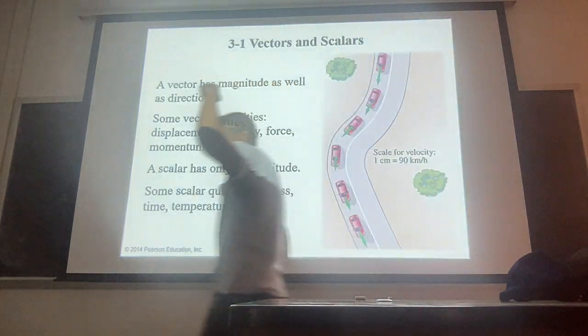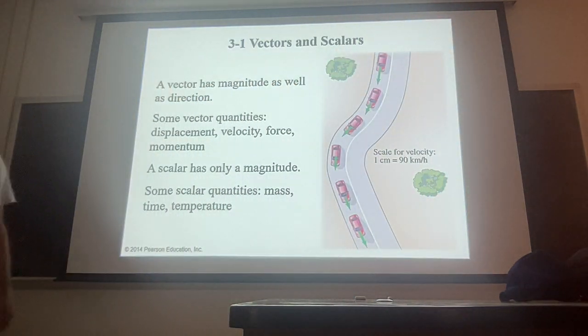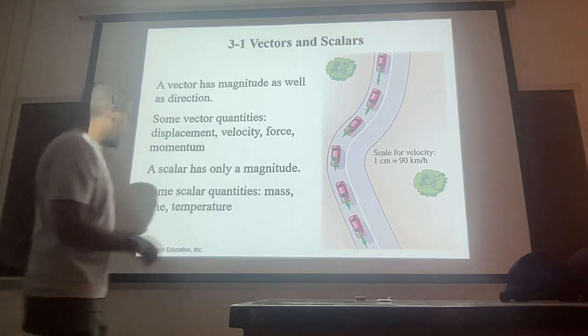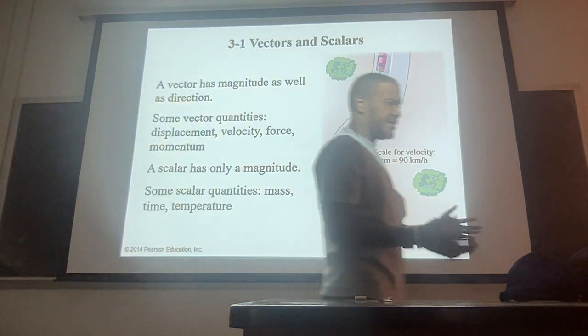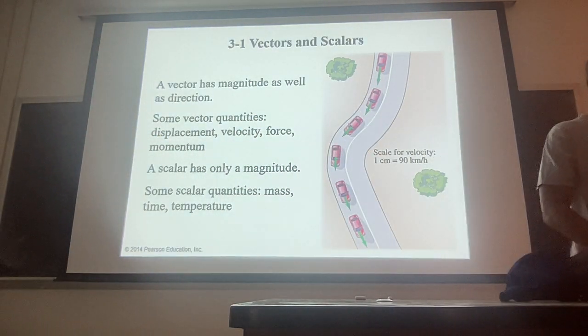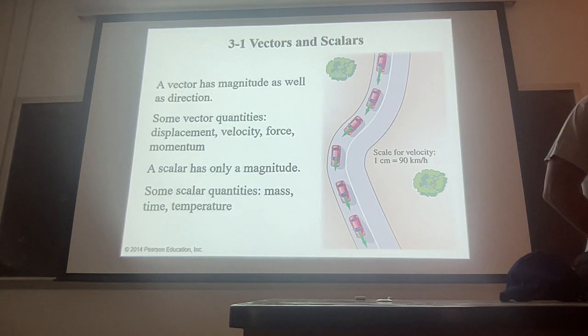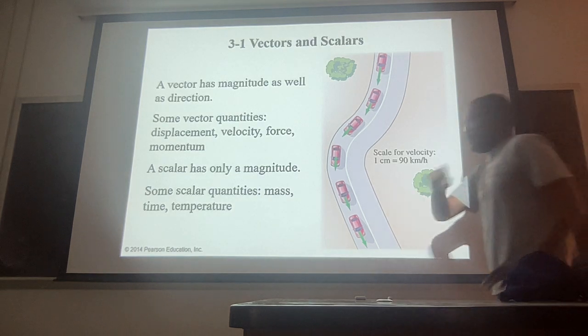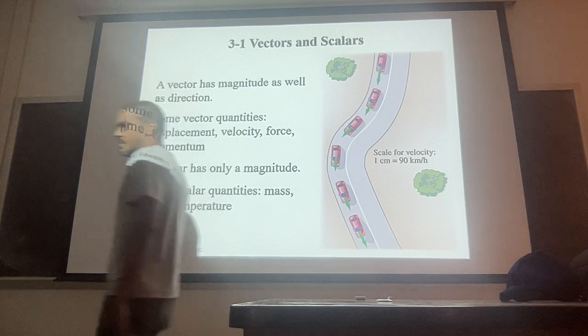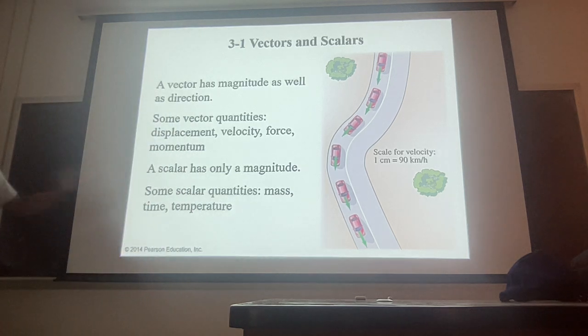So a scalar is just a number or something that if we don't say what direction it's in, it's fine. It still gives us a lot of information. Like, well, in the case of time, we know that time only moves in one direction.